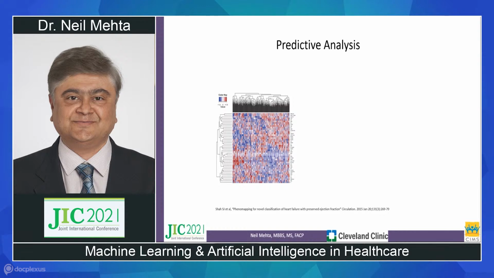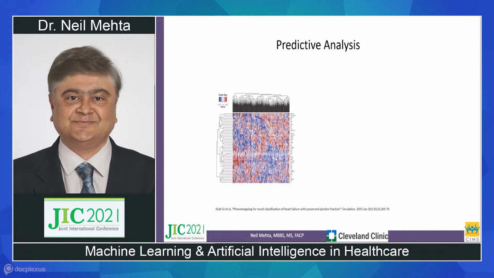Another area for machine learning in healthcare is predictive analysis. In this experiment, the authors took patients who were clinically similar. They were all patients with heart failure with preserved ejection fraction, and from the clinician point of view, they would all have had similar outcomes. The authors took all the data about the patient that was available to them and fed it into the machine algorithms.